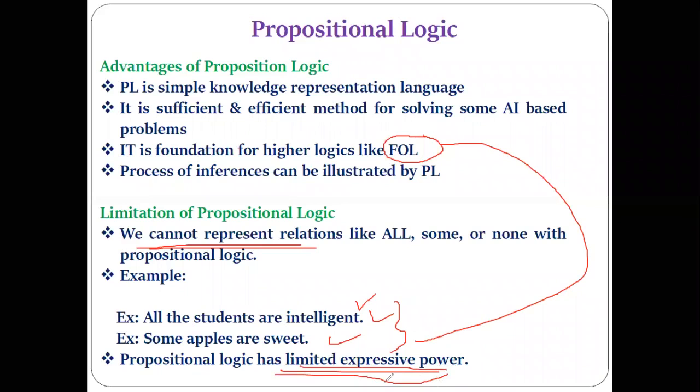Why limited? Because if words like all, some, none are in a sentence, then such sentences cannot be represented properly using propositional logic, and for that we have to use first order logic. Got the point?